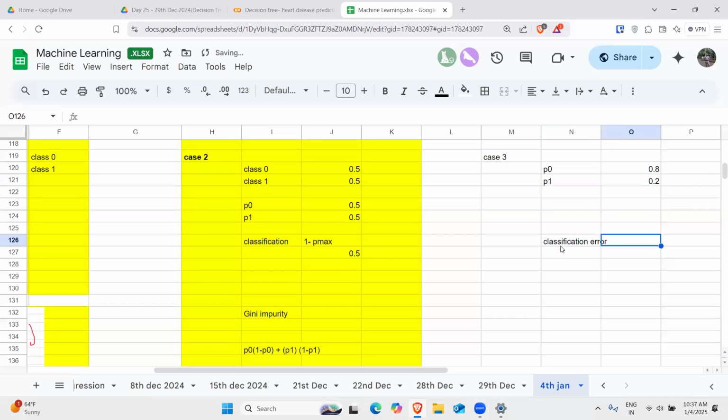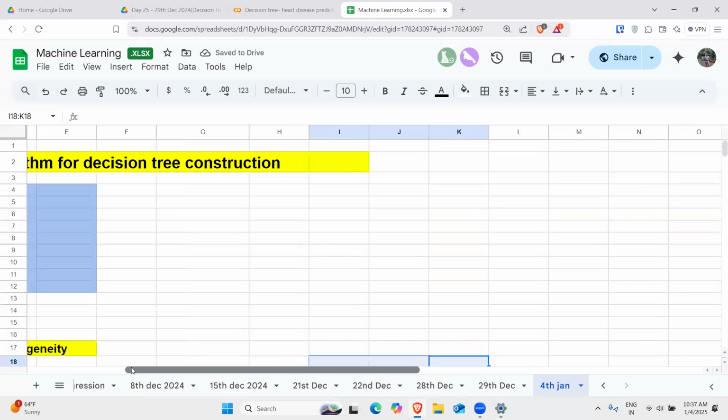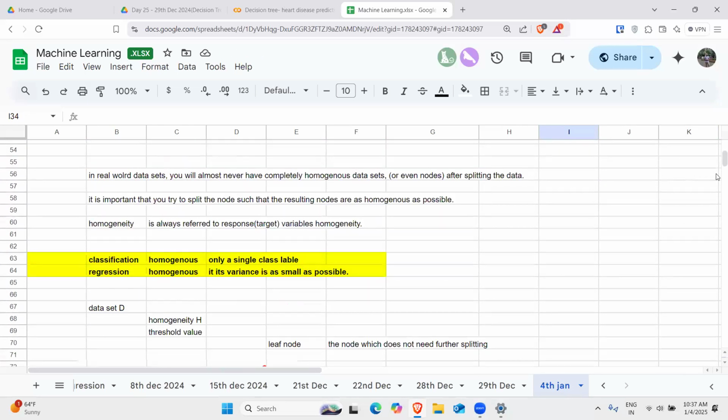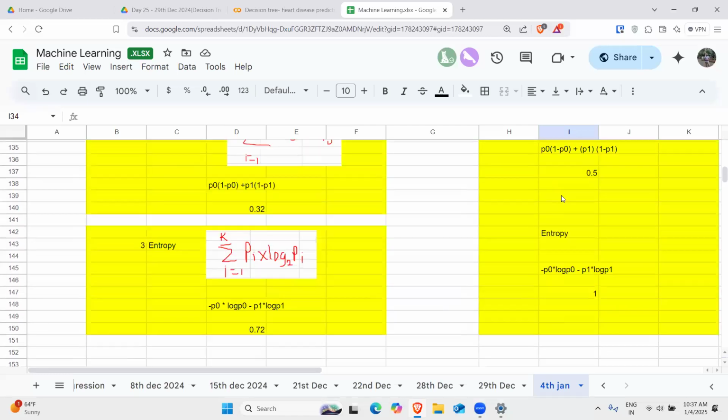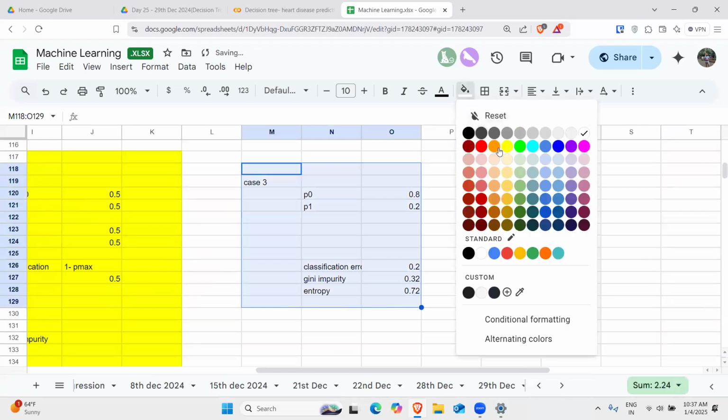I'm directly writing it down now so that you don't need to calculate. Classification error is 0.2, Gini impurity becomes 0.32 and entropy becomes 0.72. That is your case number 3.